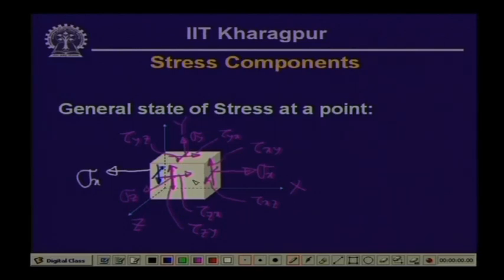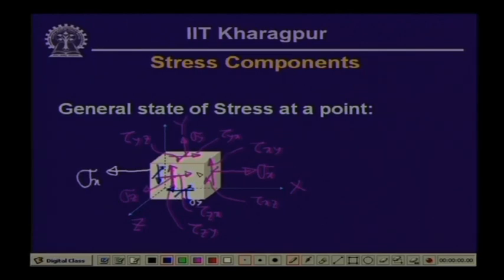Likewise, on the y plane, we will have the stress acting perpendicular to it, which is sigma y. The y plane in the x direction will have the shearing stress, but it will be in the opposite direction of x, this being the other end. On this y plane in the z direction, we will have the stress which is tau yz. So, this is tau yx and this is tau yz.